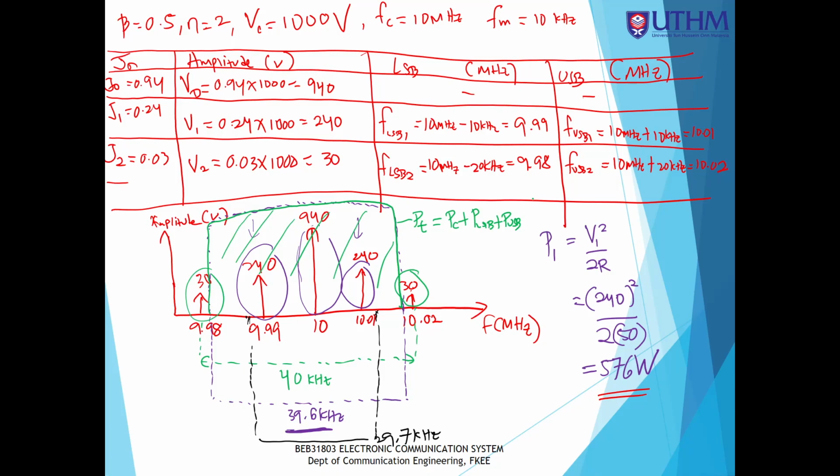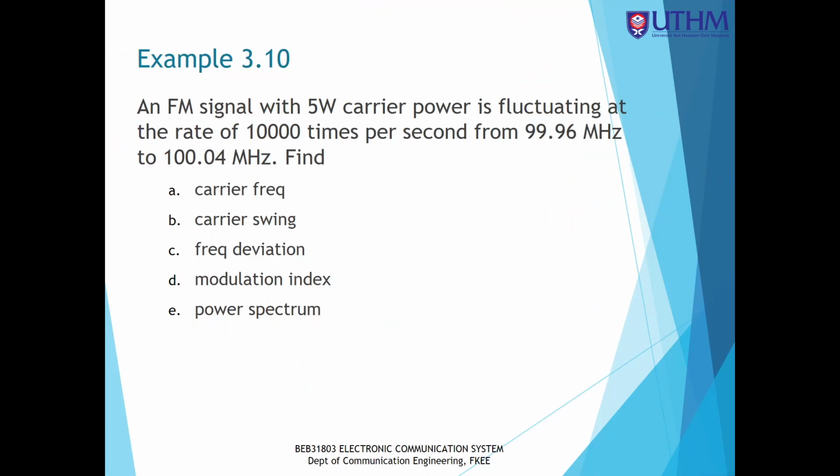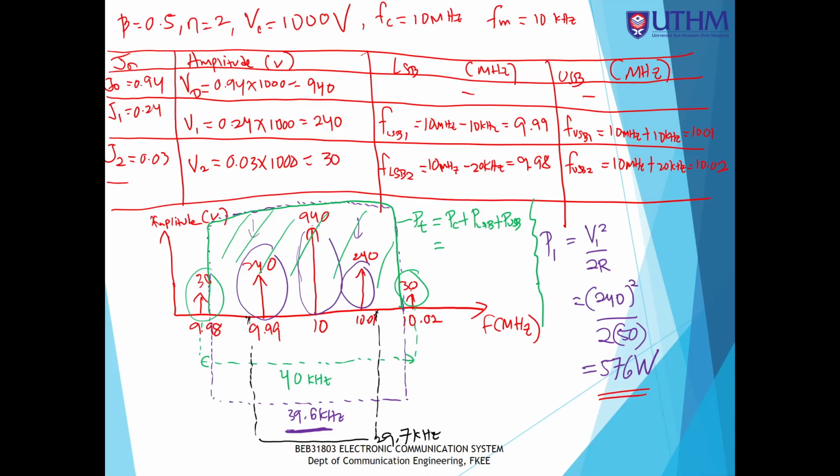So this is again PC, which is 940 square divided by 2R, plus 240 square over 2R, plus 240 square over 2R.